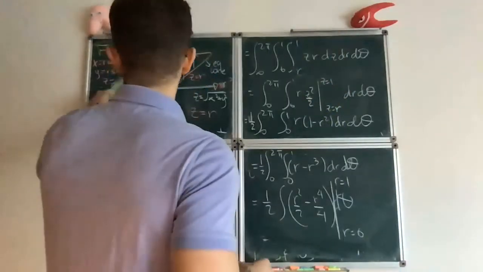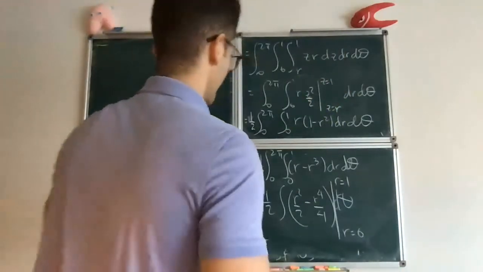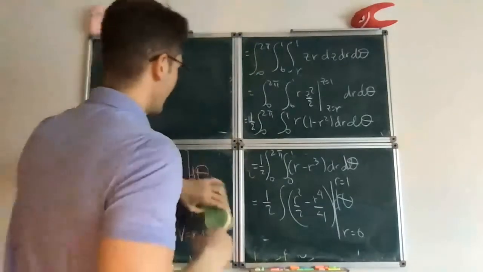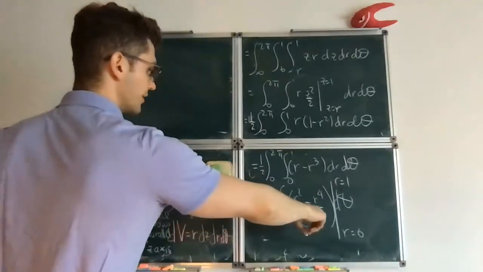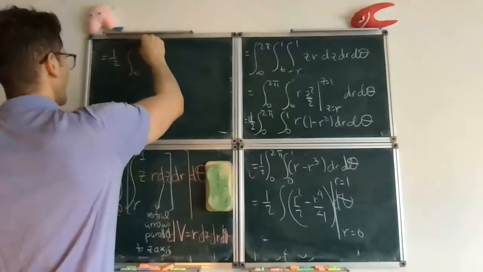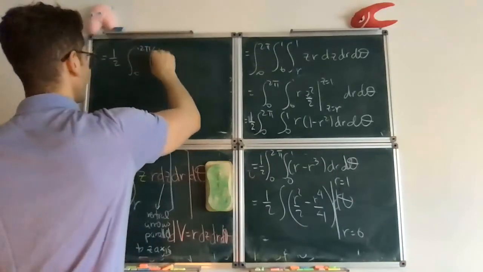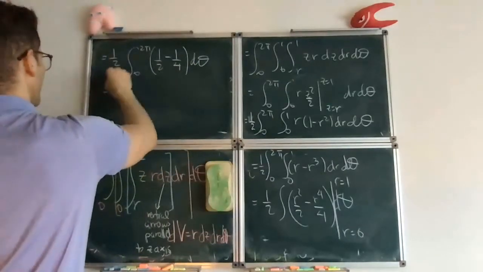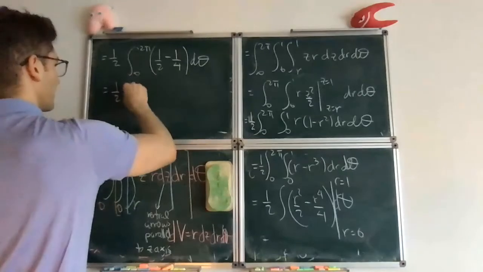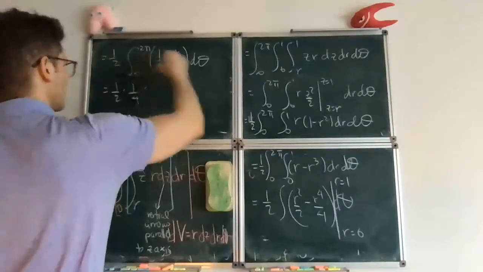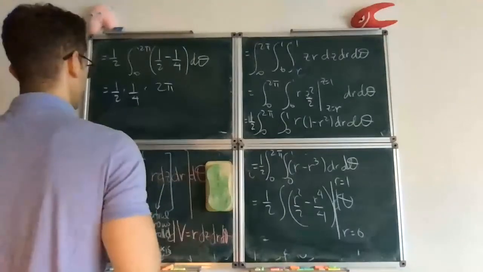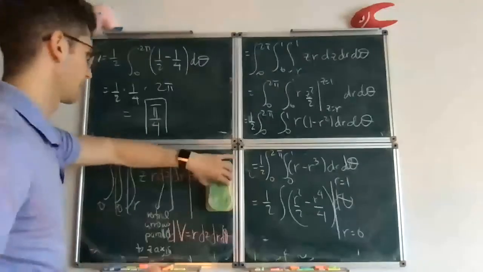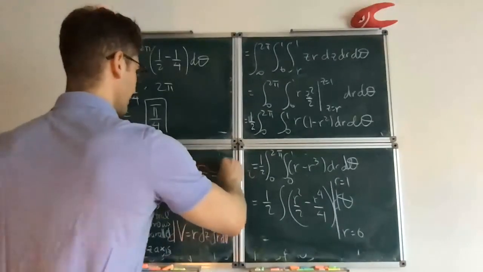And so you end up with 1/2 times the integral from 0 to 2 pi of 1/2 minus 1/4, d theta, and that's 1/4, so you get 1/2 times 1/4 times 2 pi, because there's nothing here that depends on theta, and so you get pi over 4. So this integral that I just did equals pi over 4.